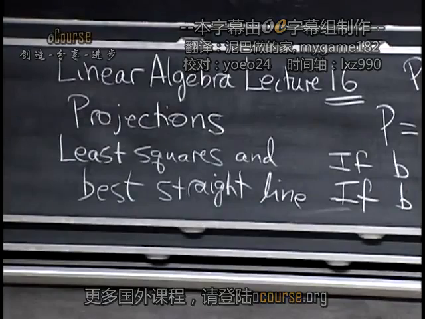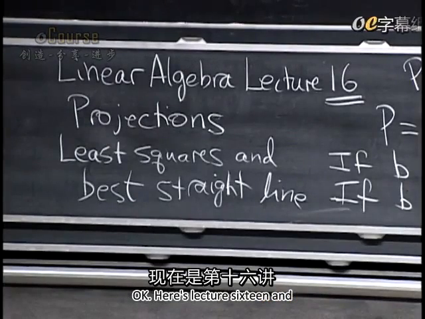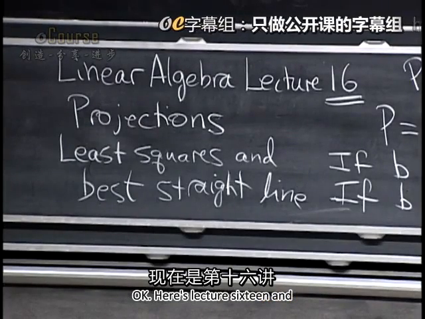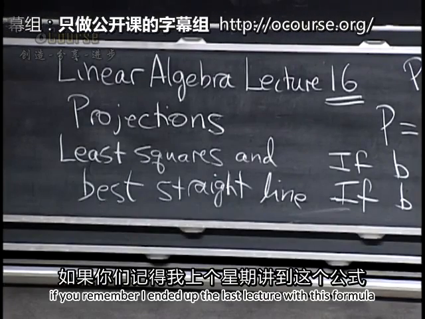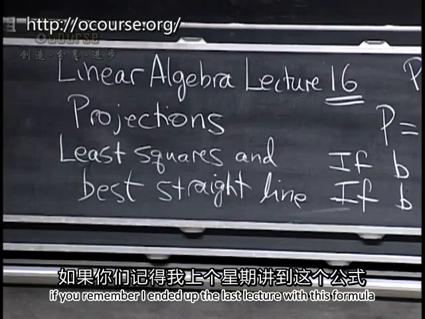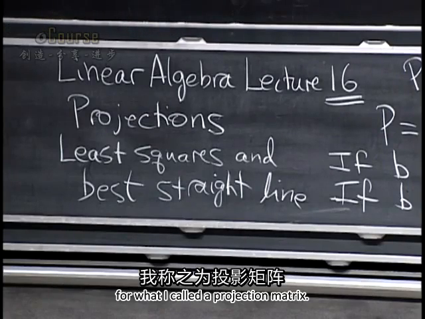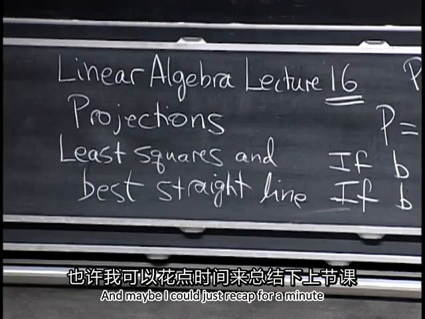Okay, here's lecture 16. If you remember, I ended the last lecture with this formula for what I called a projection matrix. Maybe I could just recap for a minute.